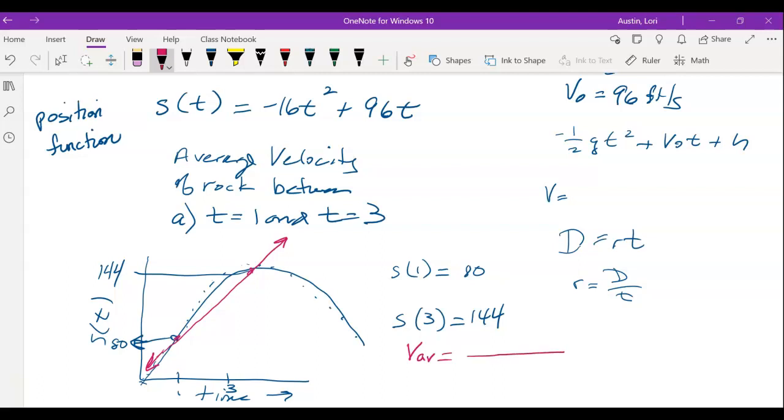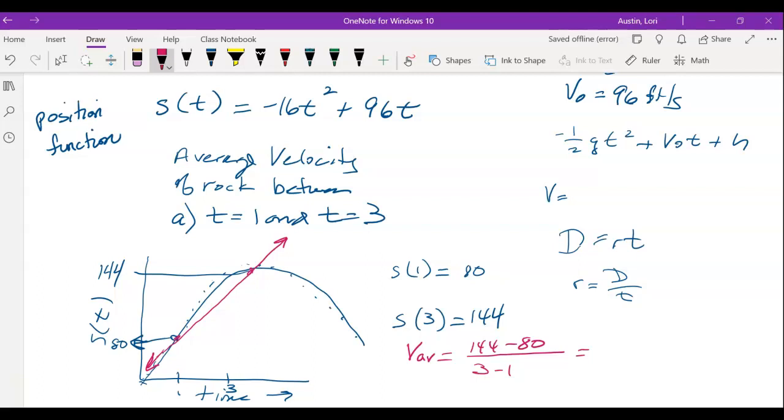I take position first, 144, right? Minus 80 over, well, it's going to go in the denominator if I do 144 minus 80, 3 minus 1. So go ahead and get me that average velocity between 1 and 3. 32? Do we agree?